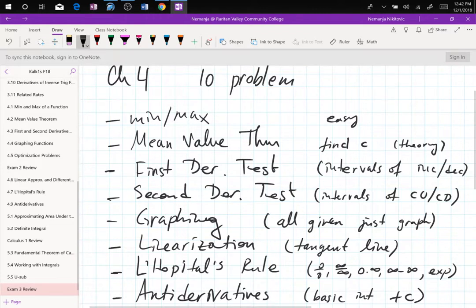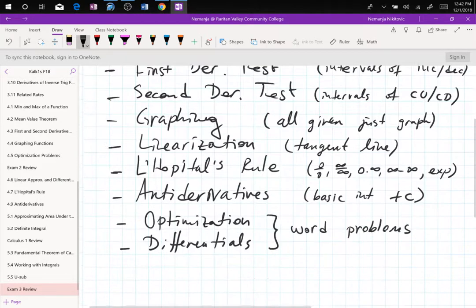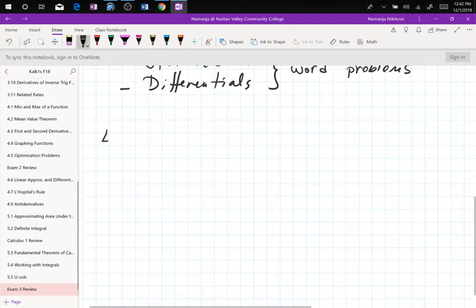Linearization. There we go. What section was that? 4.1? Linearization is in 4.6. This is a nice problem, number 31. I like it. Should have saved this one.